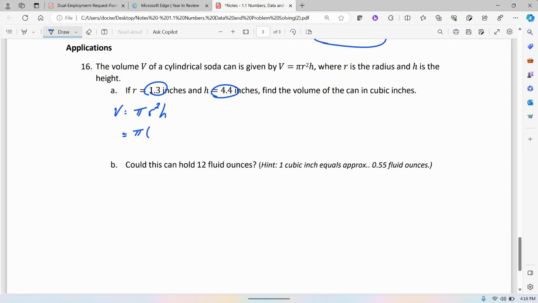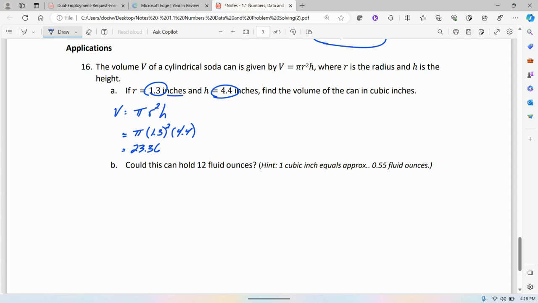So I have pi times my radius, which is 1.3 squared times 4.4. So I'm going to use my calculator, and hopefully you're good with the calculator. In my subsequent videos, I'll link in a calculator as well. But I'm going to do pi. You might be able to hear my calculator buttons getting pushed here. Pi times 1.3 squared times 4.4 is 23.36.